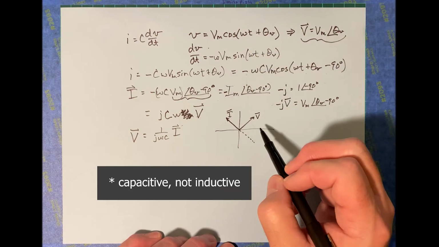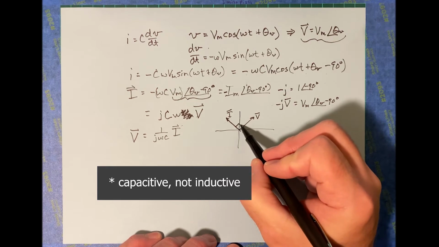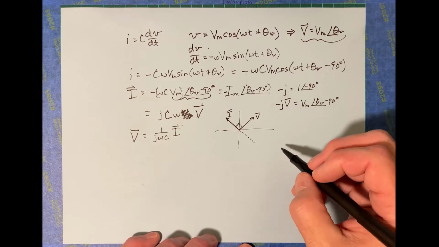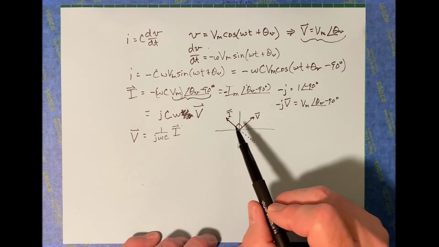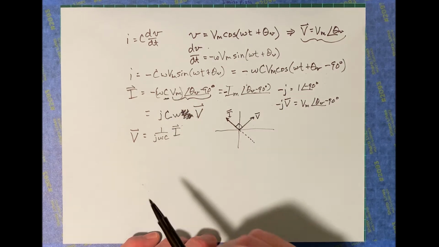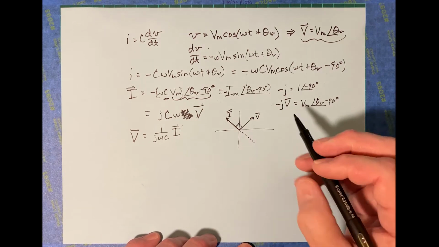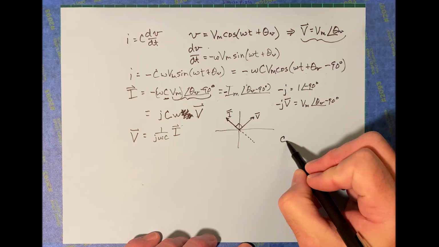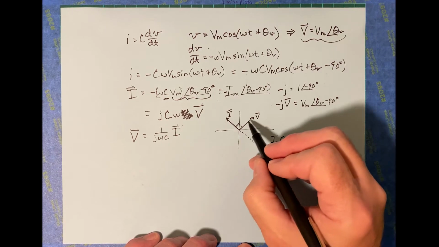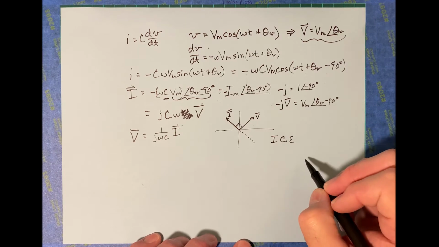Now this is for an inductive circuit, then that angle is going to be 90 degrees because this is a purely inductive circuit. So I said inductive, I meant capacitive. Hopefully you realize that. We're dealing with a capacitive circuit here. So for a completely capacitive circuit, the I is ahead of the EMF.